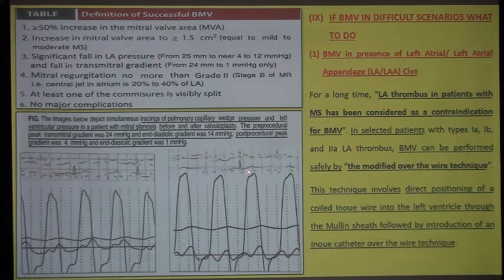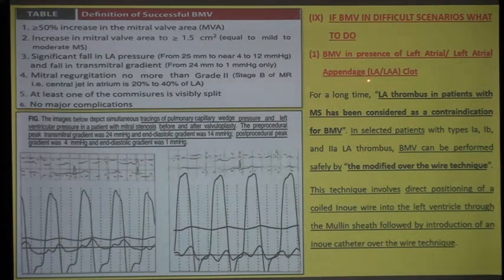Now, if balloon mitral valvuloplasty is in a difficult scenario, what to do? Number one, balloon mitral valvuloplasty in presence of left atrial or left atrial appendage clot. If there is a clot in the left atria or left atrial appendage, then what to do?